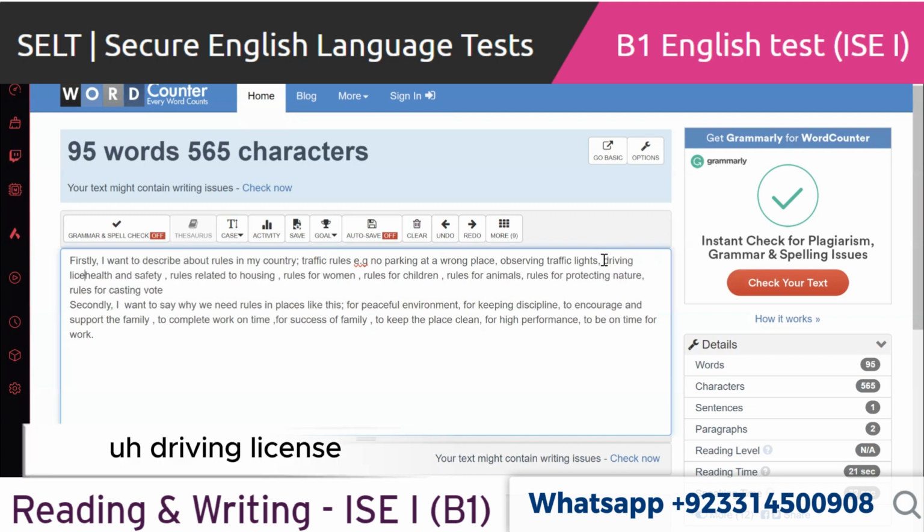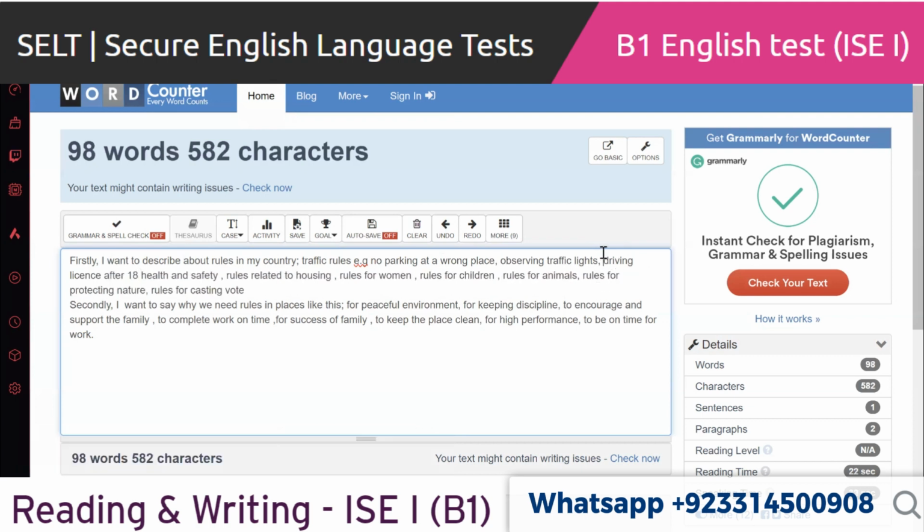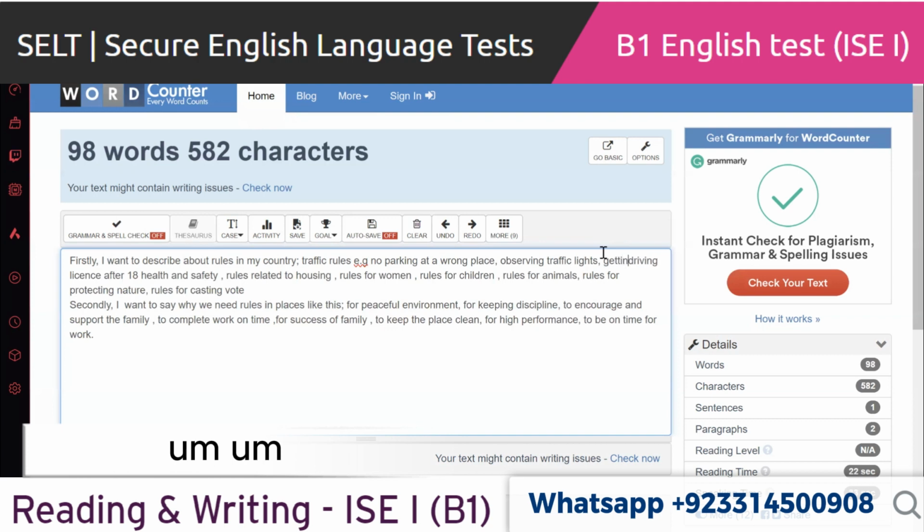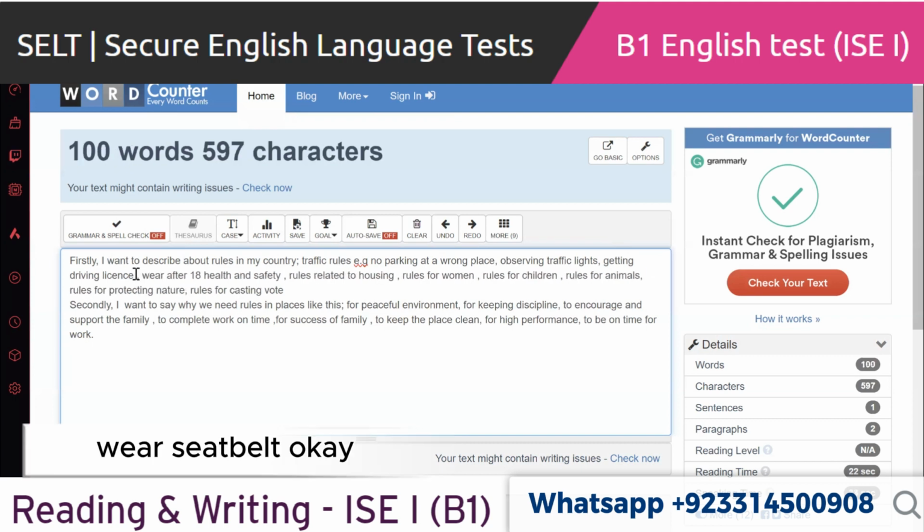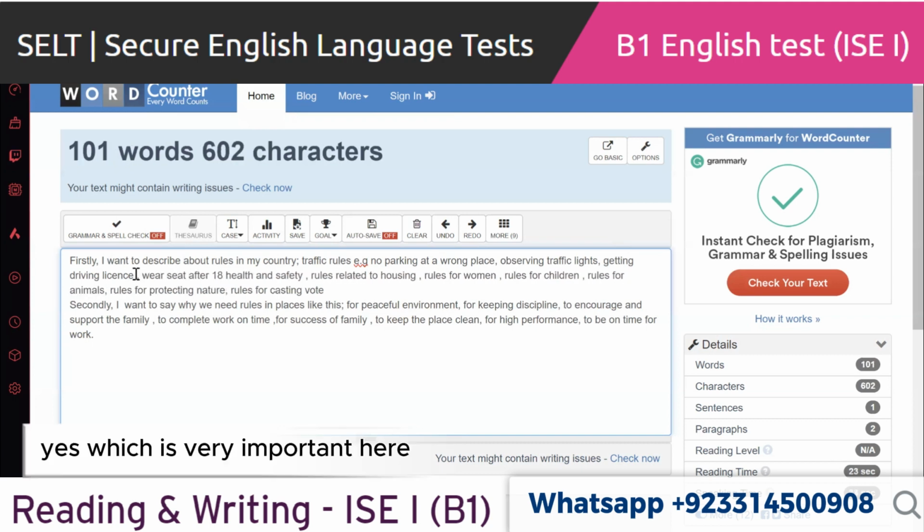Wear the seat belt, which is very important here. Don't write that much.